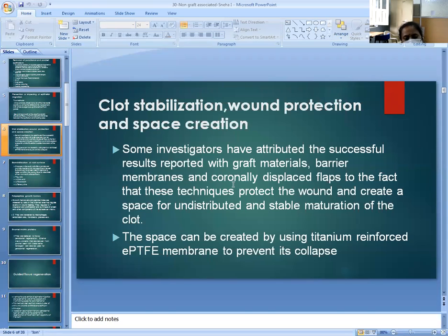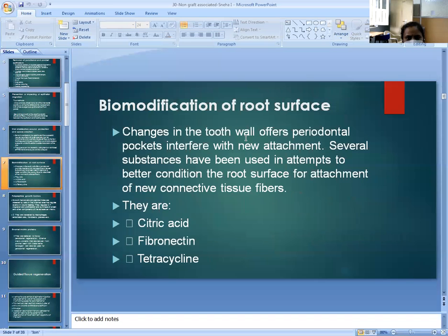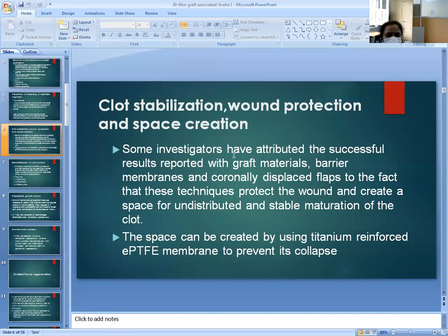In 1982, Urban and Nyman started various experiments, and they used millipore filter paper, or ePTFE, expanded polytetrafluoroethylene membrane. These membranes have small pores, which help in maintaining the proper area.